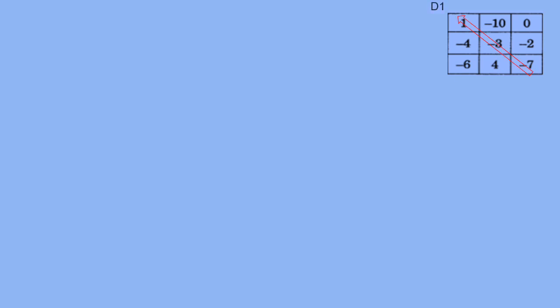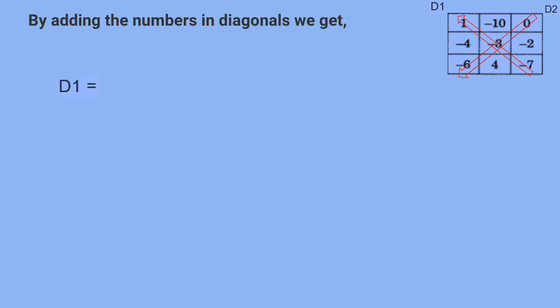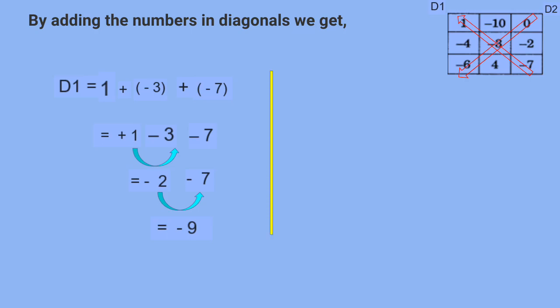This is diagonal 1, this is diagonal 2. So first I will take diagonal 1. 1 plus minus 3 minus 7, plus minus 7. So 1 plus into minus minus 3 minus 7. The first two integers I will take. I got minus 2, minus 7. The answer is minus 9.